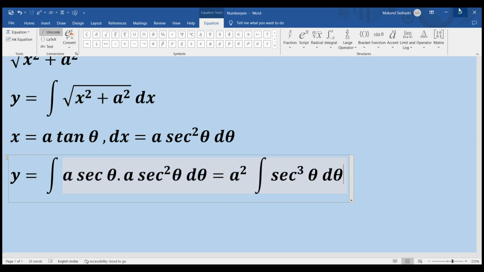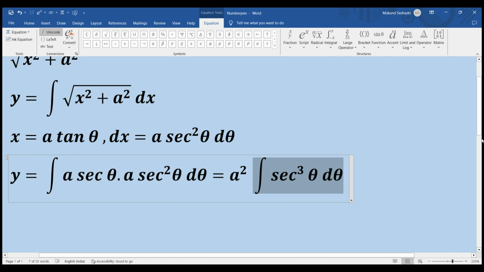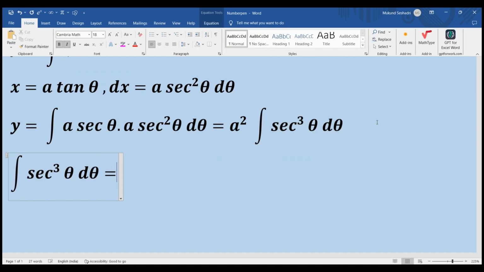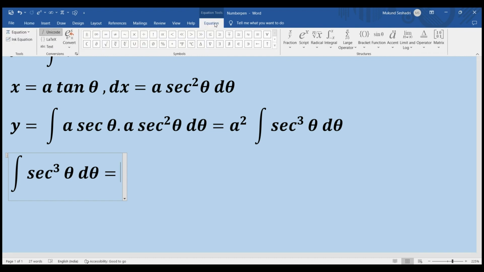So for a minute, I'm going to keep my y aside. I'm just going to pick up integral of secant cube theta d theta. So the way I'm going to solve this is, if I draw a parallel to integral of u dv, right?